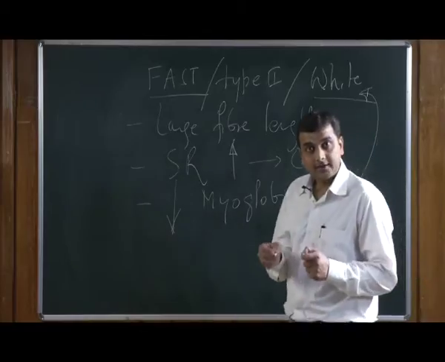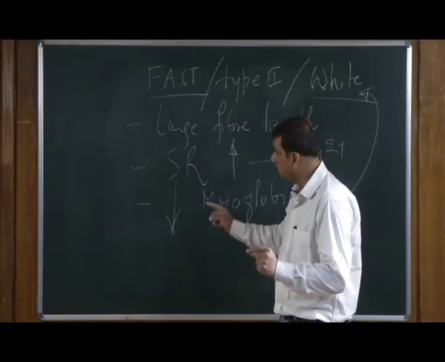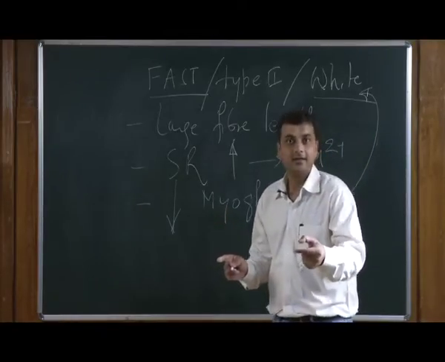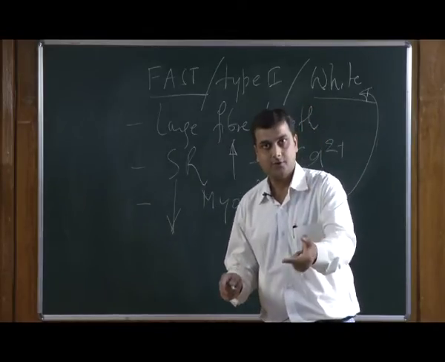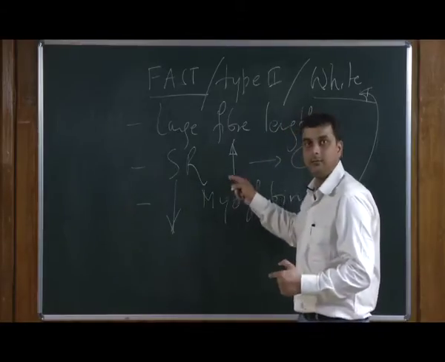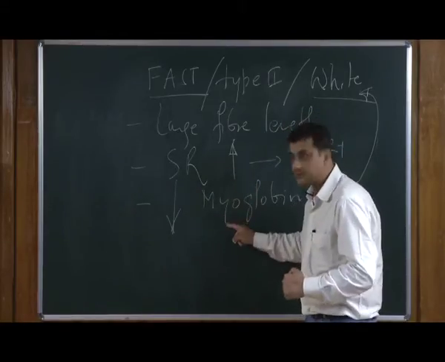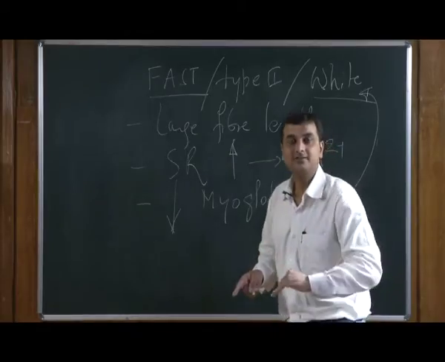The other important thing which we have to correlate, similar to what we correlated with the mitochondria: there you have more oxygen, more energy, more mitochondria. Here you have more calcium, more contraction, less myoglobin, that means less respiration.